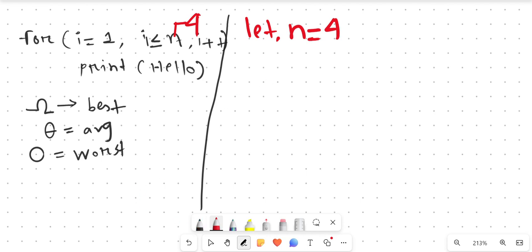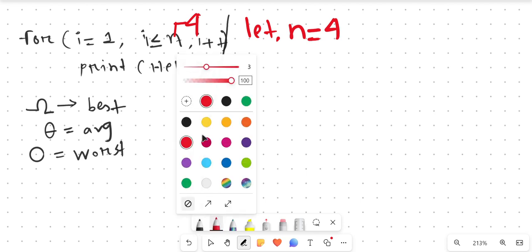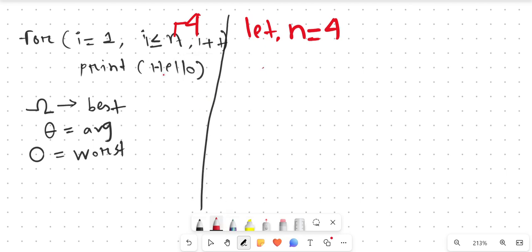And I am going to write a few columns: steps, then I, because this is my variable I, then my condition I is less than or equal to n, and the last one is statement.